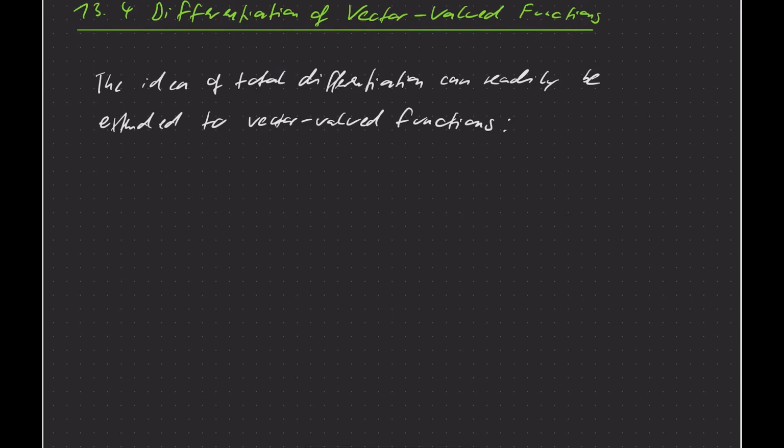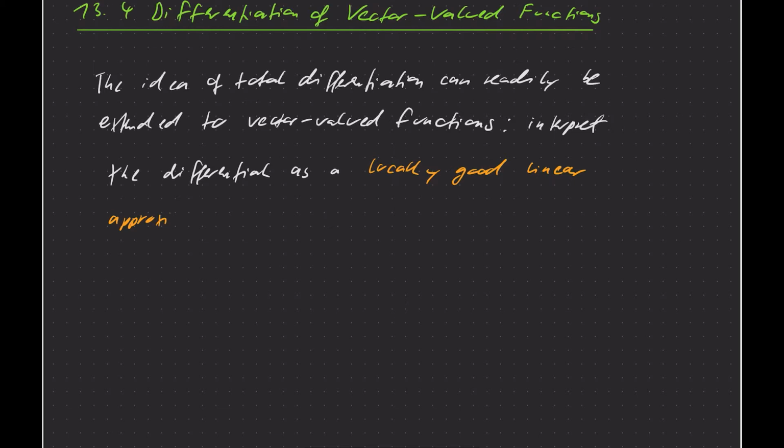We just interpret the differential as a locally good linear approximation, and we just have to come up with a linear approximation for a vector-valued function then. So the idea is: interpret the differential as a locally good linear approximation.